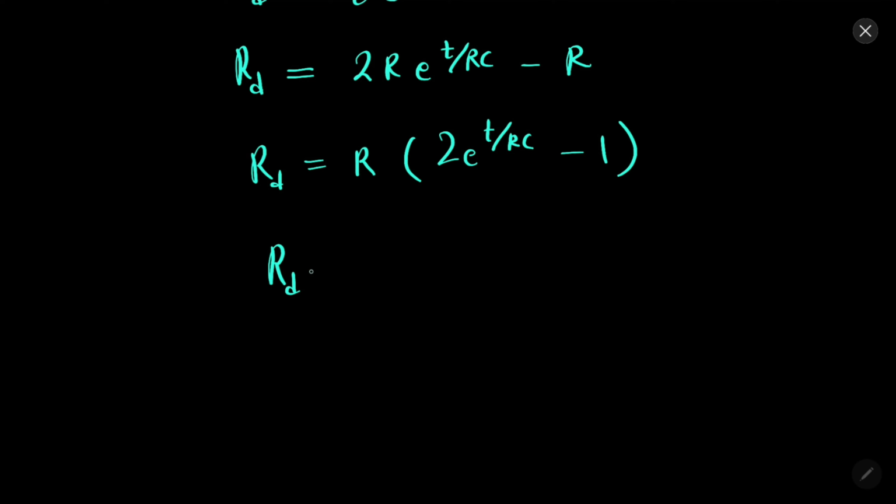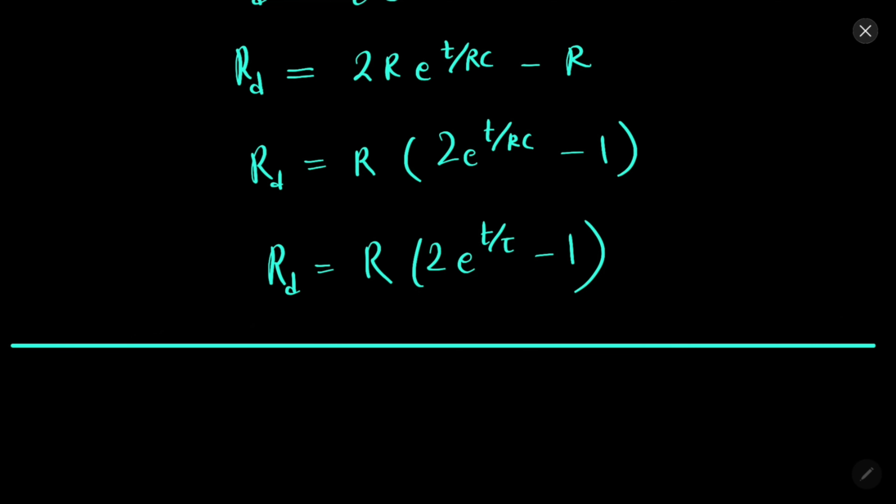Now this RC can be put like tau, so it will be t over tau minus 1. So this will be the resistance.